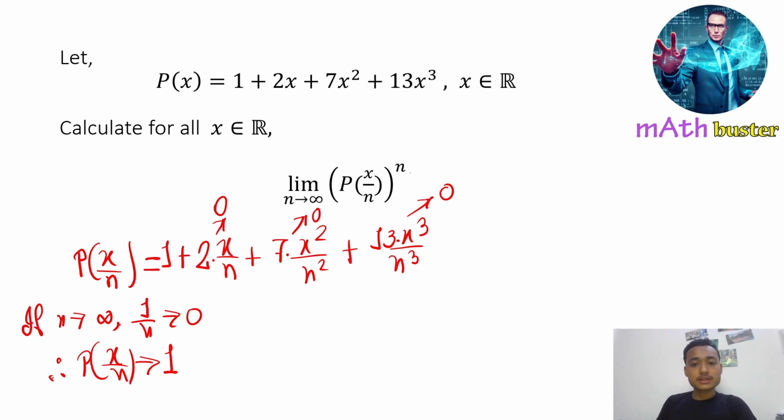So basically, this tends to 1 to the power infinity, right? When n tends to infinity, this limit tends to 1 to the power infinity. But here we have to take care that 1 to the power infinity is an indeterminate form.